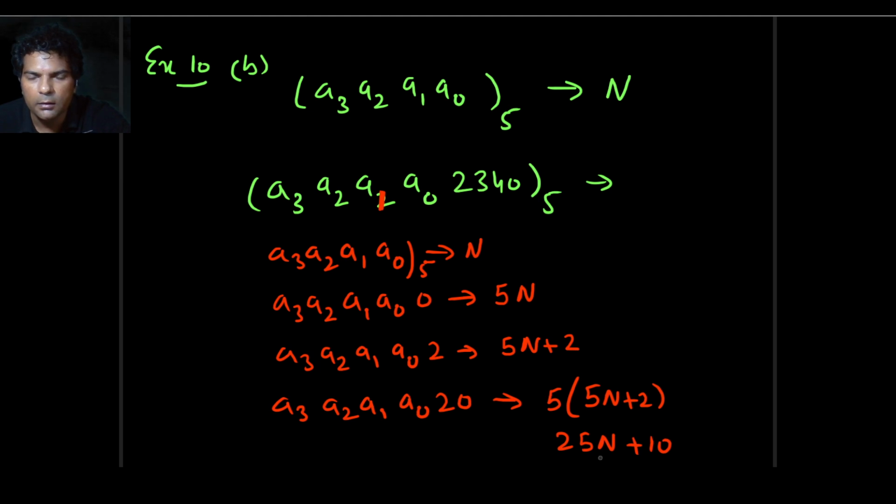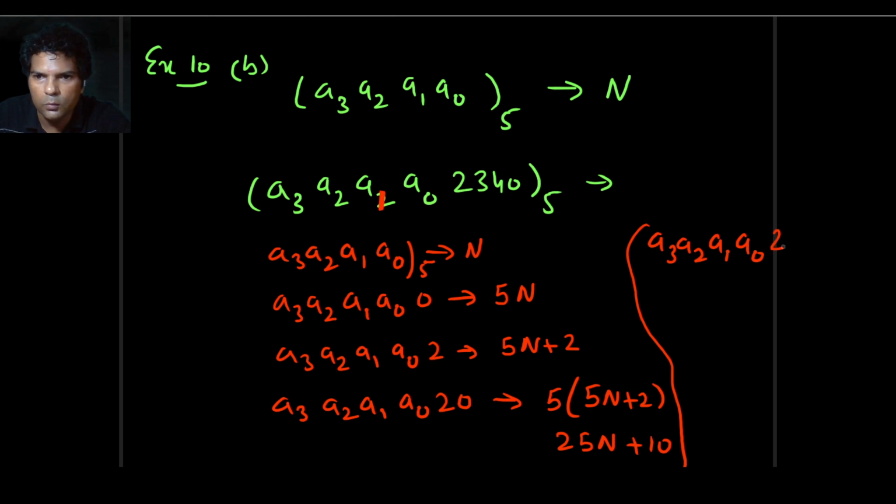In the previous question, we just doubled the previous value. Here, it is 5 times the previous value. Clear? Now again A3, A2, A1, A0, 2, 3 is 25N plus 13, because plus 3 is there.